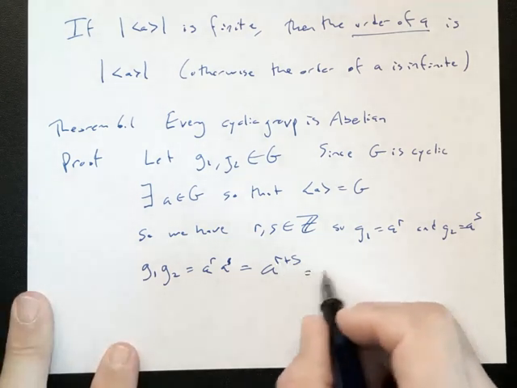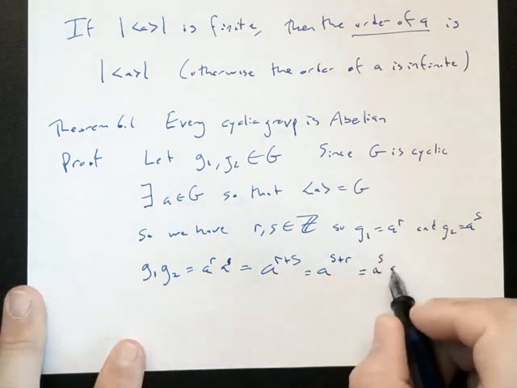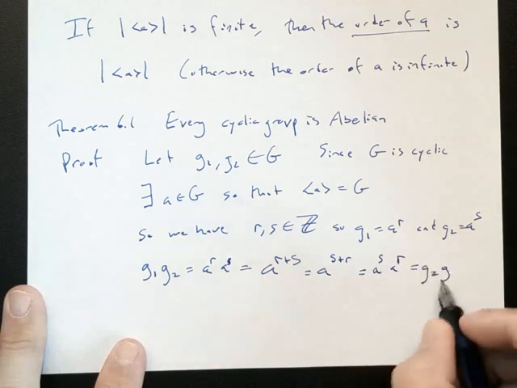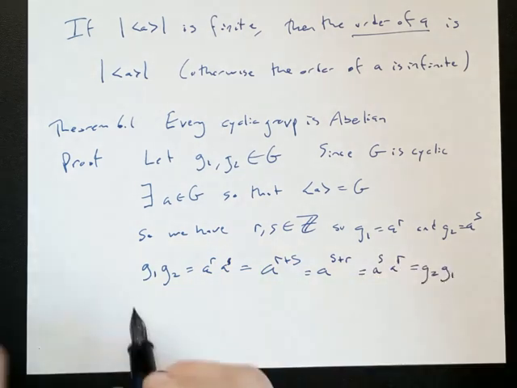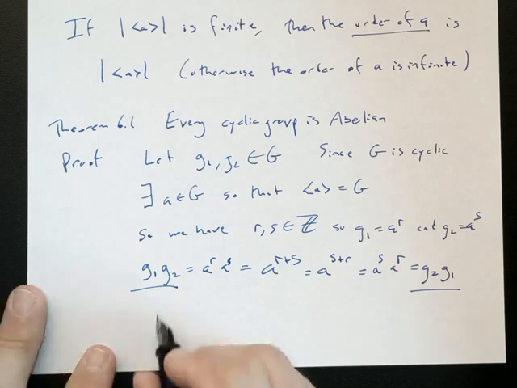So I know that this is the same as S plus R. And that gives rise, by the law of exponents again, to A to the S times A to the R, which is G2, G1. Okay, look at that. G1, G2 is equal to G2, G1. And I picked those two elements at random within my group, which means they could be any elements in my group. That's a universal proof. Pick any two, switch the order, and you get the same thing.